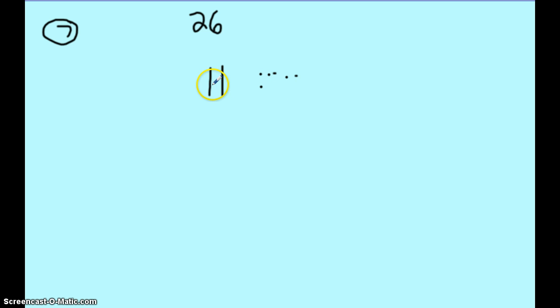And we know each 10 is worth 10, so 10, 20, 26. So that's one way. Another way they showed was all ones. So 26 ones.